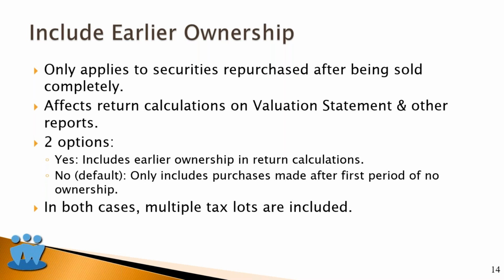The include earlier ownership option is something that you might wish to evaluate after you set up the club, and might be something that you might want to change several years down the road. Now, this option has 2 selections, yes and no. No is going to be our new default, but this only applies to cases where you buy a stock, you sell it completely, time passes, and you repurchase it.